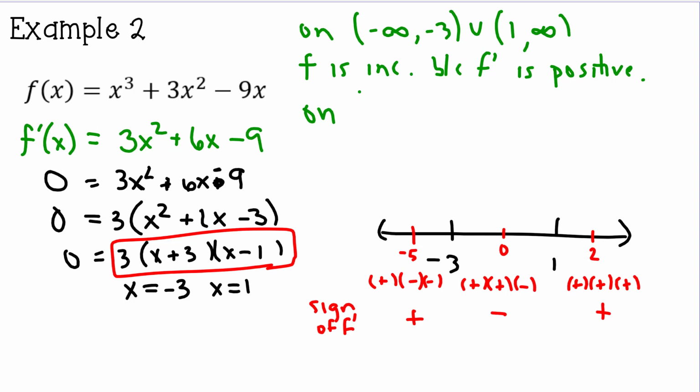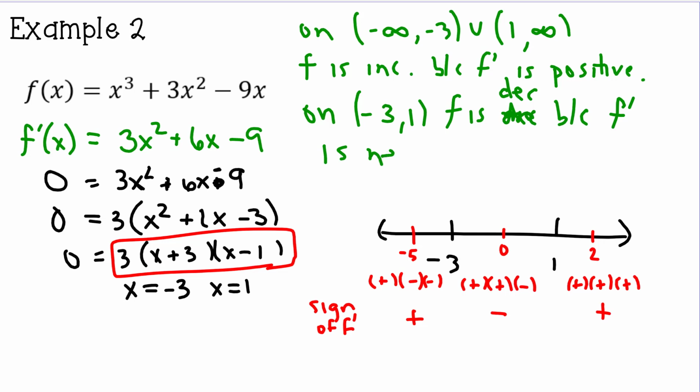On negative 3 to 1, f is decreasing. That was a terrible decreasing. Because f prime is negative. It is not sufficient to just have the number line. You need to have a sentence that explains the work that's in your number line.